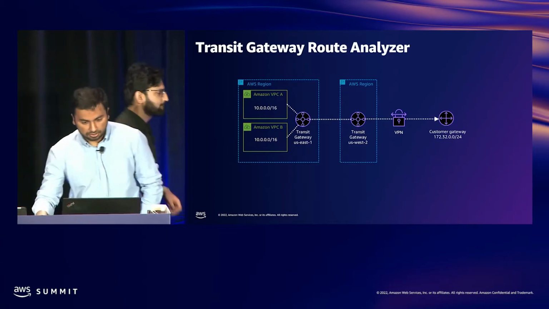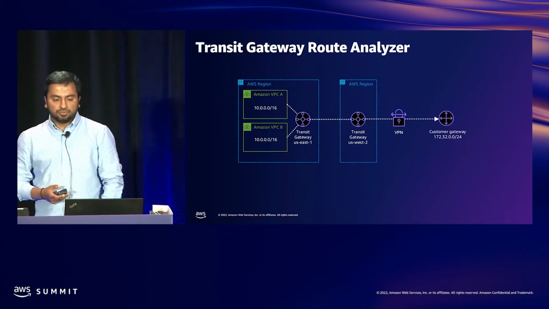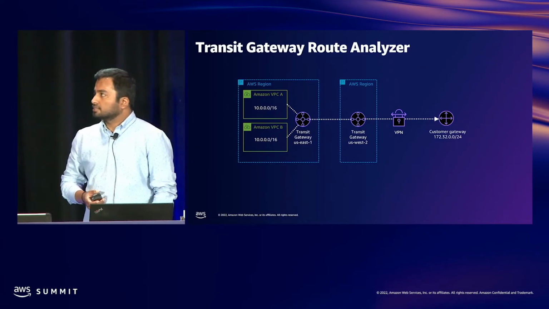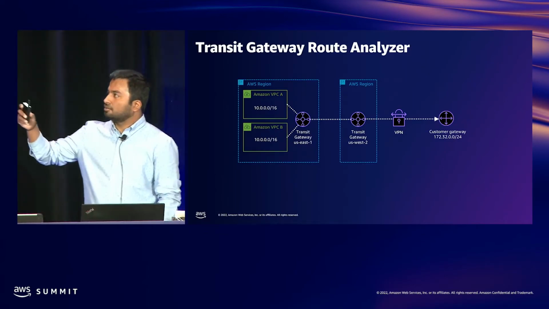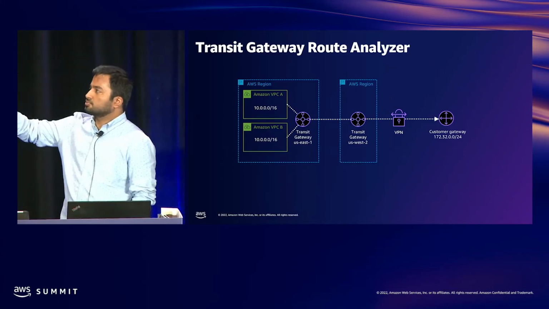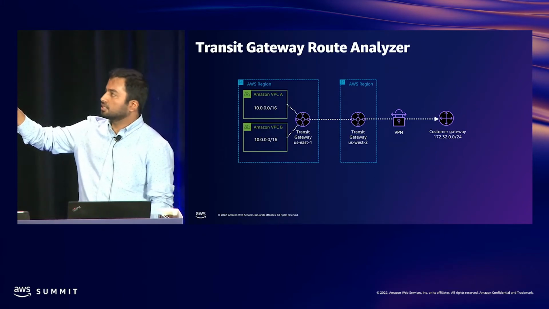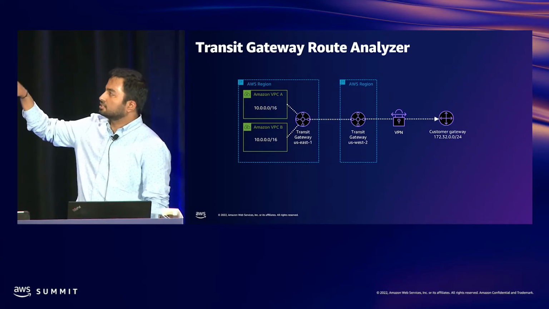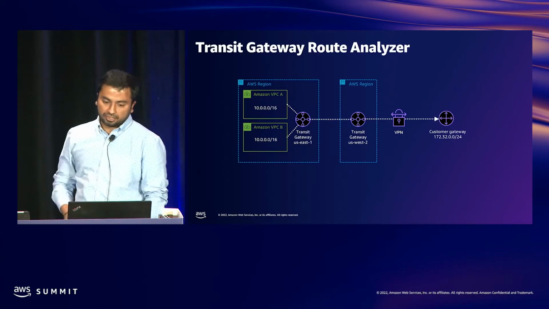Thank you. Thanks, Shoaib. The next feature that we are going to talk about is Transit Gateway Route Analyzer. In this slide, you see a common setup that we see with customers, where you have a bunch of spoke VPCs connected to a transit gateway in a region, peered to another region, which is connected to on-premises through a VPN connection.